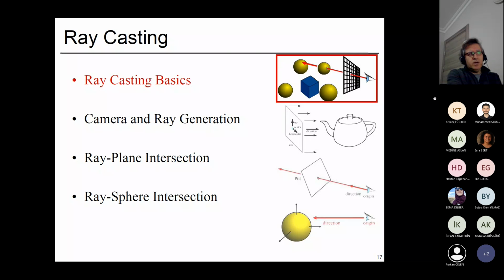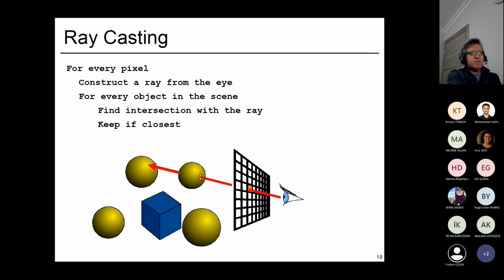Now we are going to talk about first a simple camera and ray generation, and for starting with raycasting basics, we'll go to camera and ray generation, we'll do ray plane intersection, and then we'll also see how it is done with ray sphere intersection and so forth.